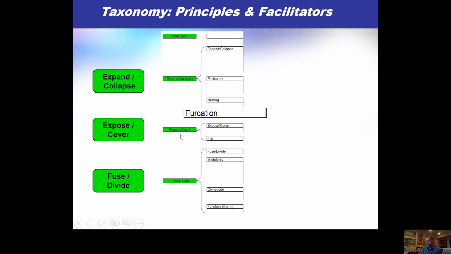For the fuse divide principle, a facilitator that helps is that there are modular parts. Modular means you can attach something and remove it, and this bike helmet I just showed you is a modular system. It's got multiple components. You can bring them together and get different functionality. There's many examples of this in the real world.